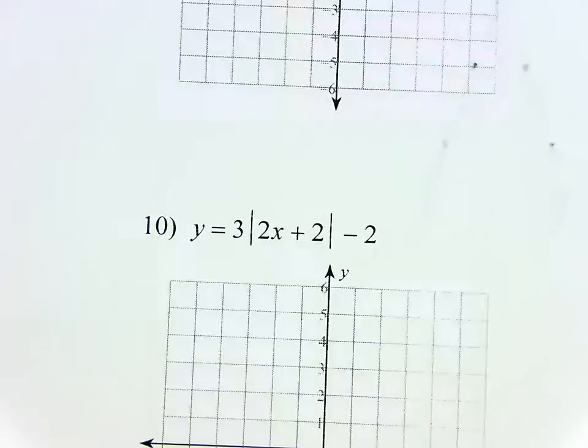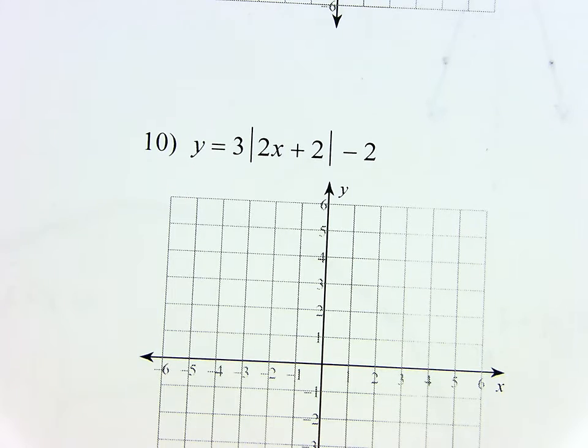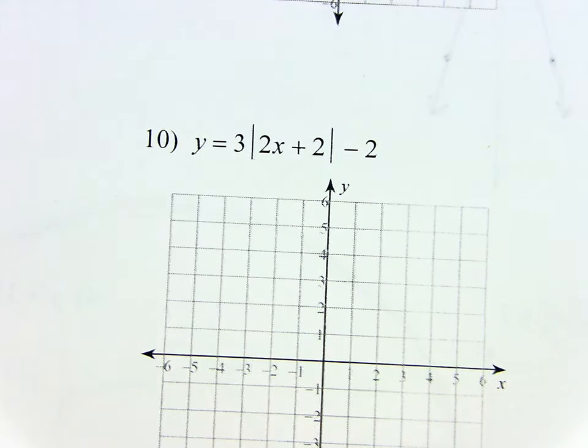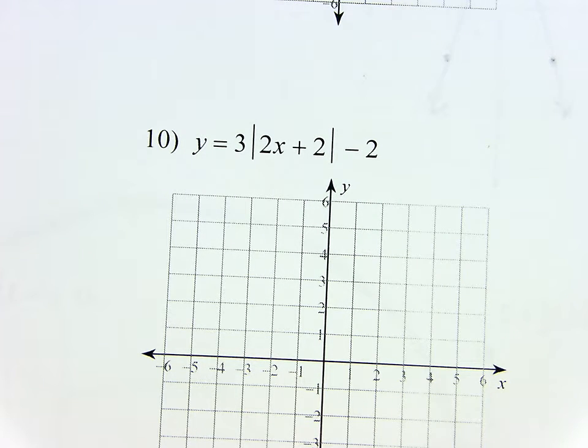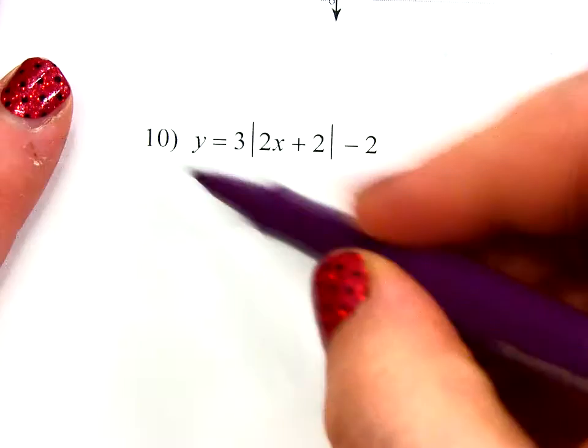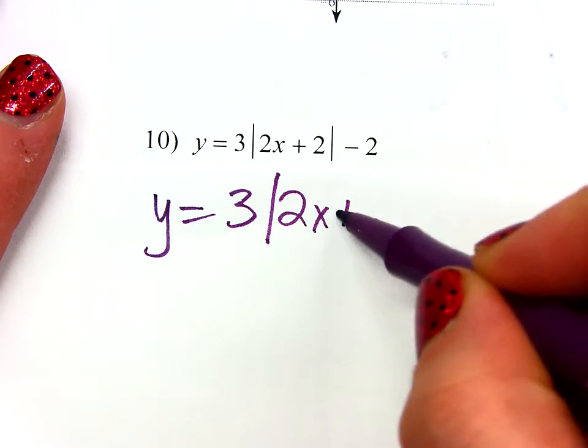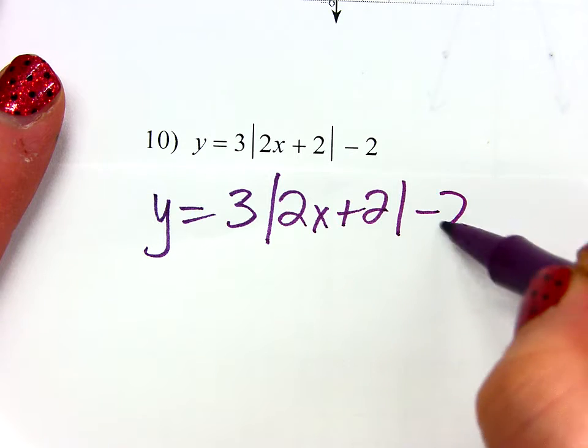Okay, let's look at 10. 10, by golly, I have a problem now. I don't just have multiplication in here. I can't just split that up willy-nilly. What I can do is rewrite this. Okay, watch this magic. Are you paying close attention?